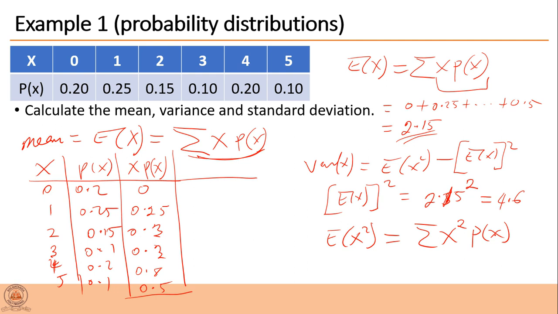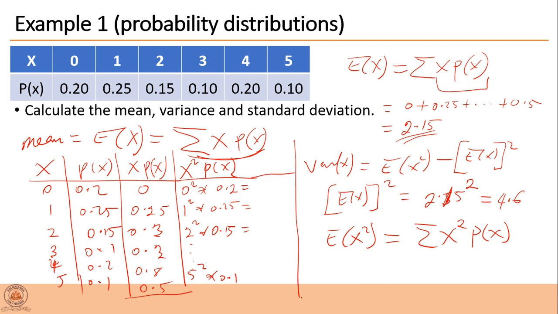So let's go back to the table and have here x squared p of x, so that we are going to have 0 squared times 0.2, then 1 squared multiplied by 0.25, 2 squared multiplied by 0.15, and so on. This is what you're going to do for all of them, up to 5 squared times 0.1.